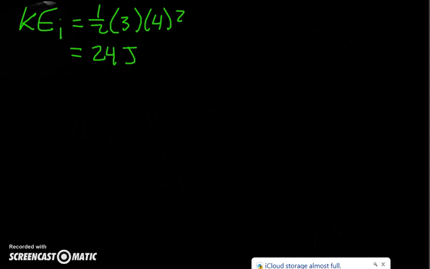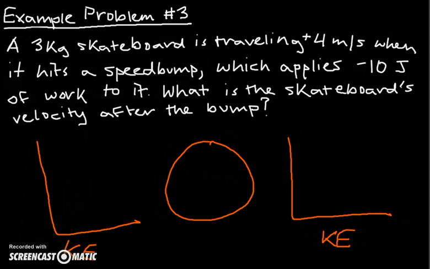So let's go back to our LOL diagram and let's write down that we have 24 joules of kinetic energy in the beginning. And I forgot to define our system earlier, but our system is the skateboard.